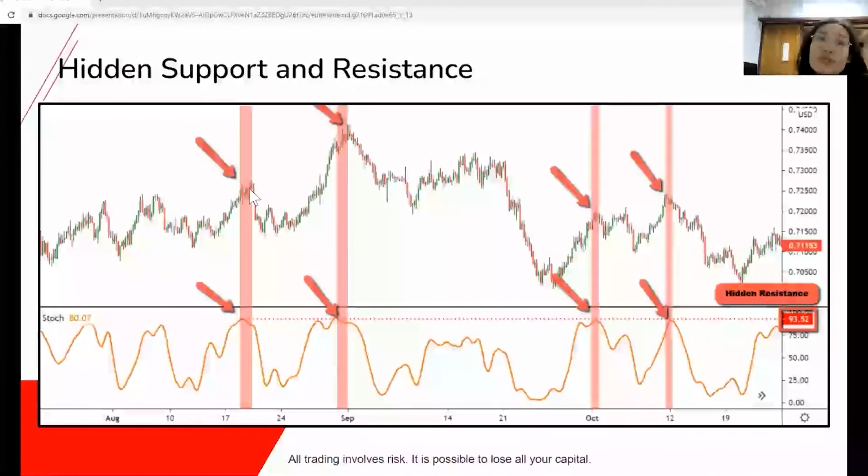In the first column, you can see price made a higher high, whereas on our stochastics, the swing high remained at the same level. It's a horizontal line here at the 93.52 level. Similarly, on our second level, price made a higher high. However, on our stochastic, it shows the same level. So this is what we call a hidden resistance.